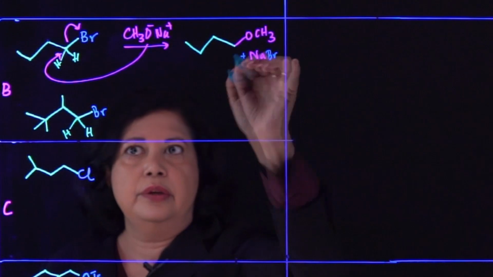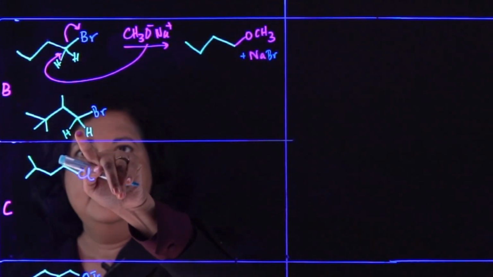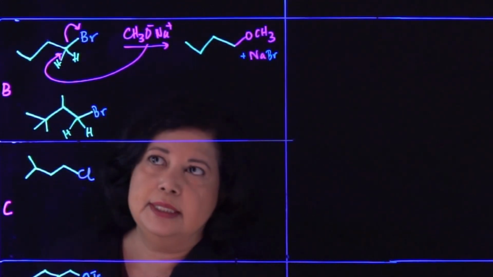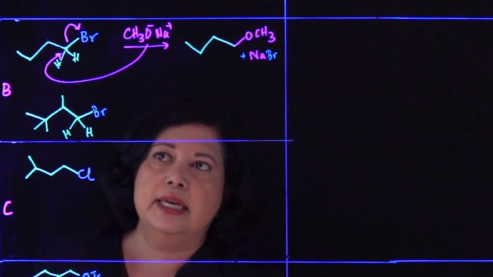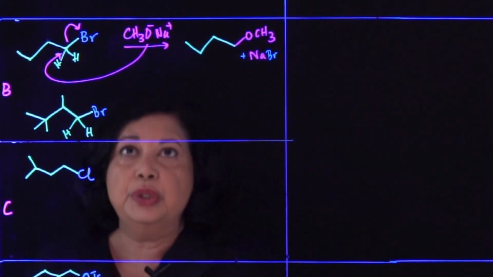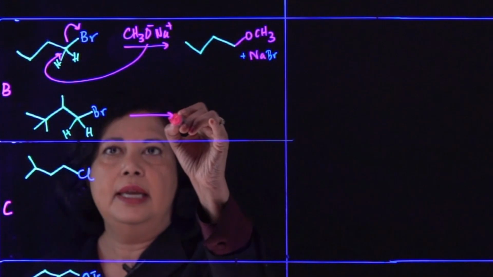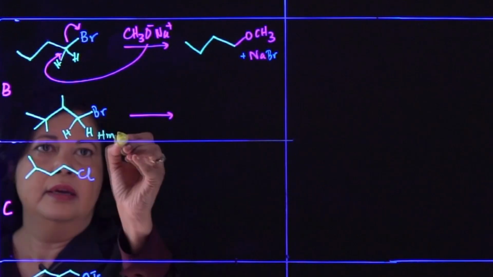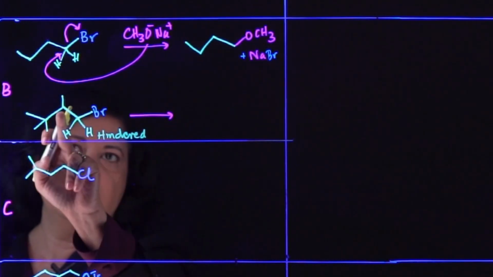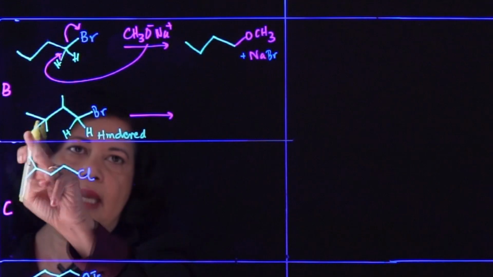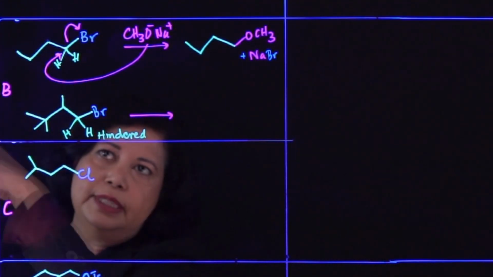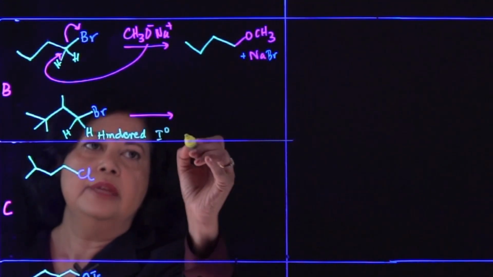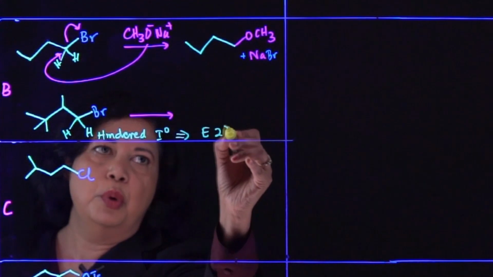Now over here, it's still primary, but now you have lots of groups on the adjoining carbon. So it's a little harder for the methoxide to get in. So here you could have an E2. If you have a hindered primary, that means you have other groups on the beta, gamma carbons, especially the one next to it, then you could get E2 more than SN2.